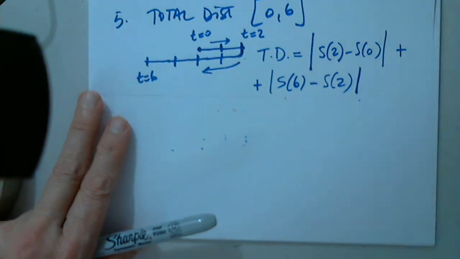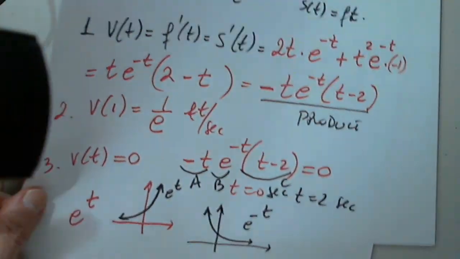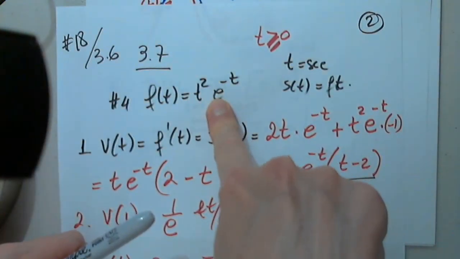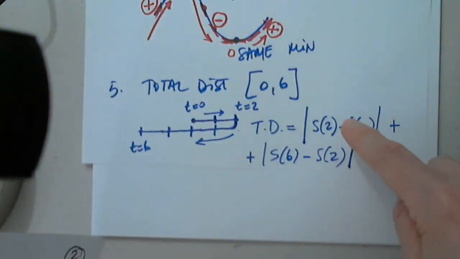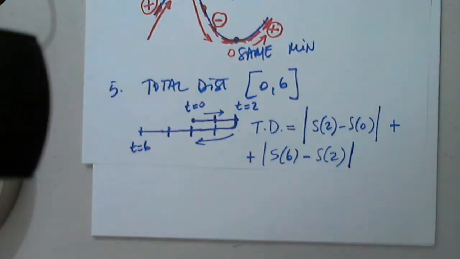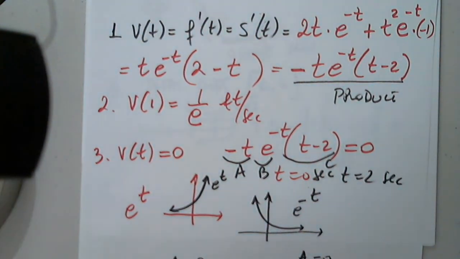So now I will go to our function, plug the function in the graphing calculator, and determine these values, 0, 2, and 6. So let me share my screen. Calculator, share, here it is. So in y equals, the function was x squared e to negative x.